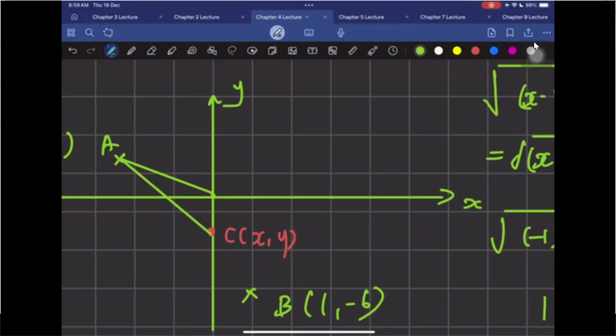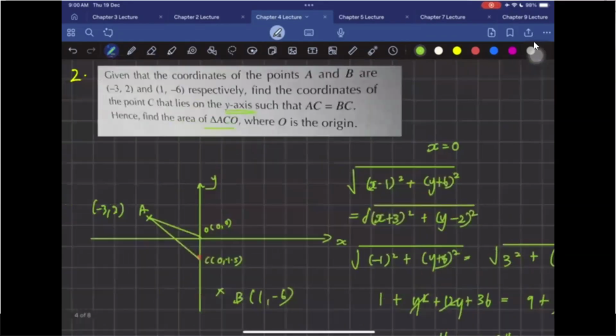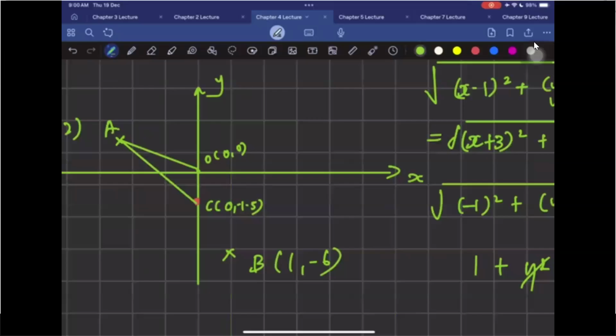So, O is given to be 0, comma 0, and then this we found out to be, okay, so if you let your OC to be a base, then your height would be this portion. So this portion is your height, your vertical distance from A to your y-axis.